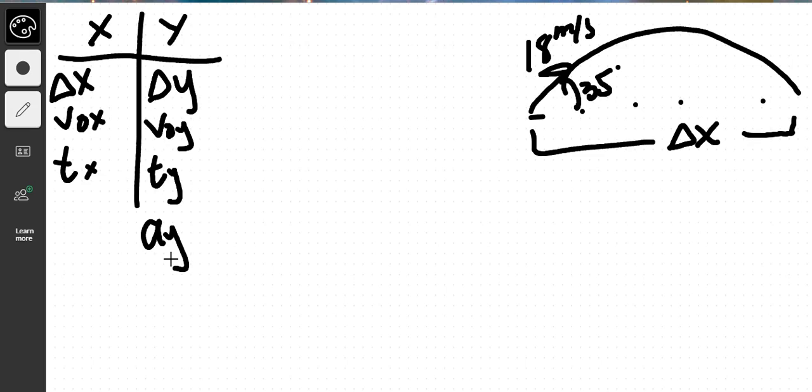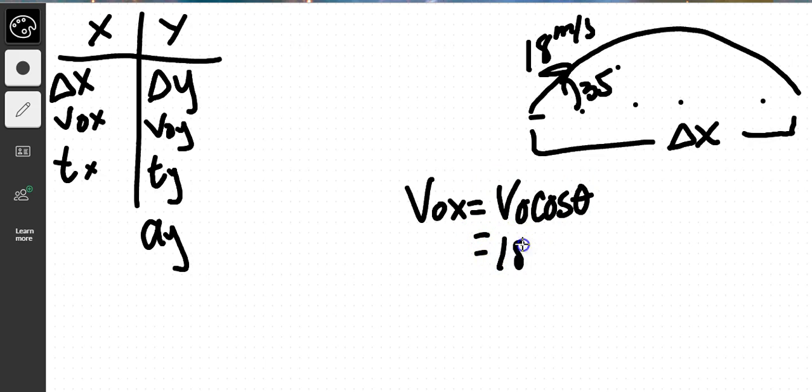So in our triangle, again, what we're given is our total, which is our hypotenuse of 18, and we're given our angle of 35. So we need to find the x component and the y component of these two situations. So to find VOX, it's the side that is touching the angle, so that's going to be cosine. So we have VOX is equal to total VO times the cosine of theta, which is going to be 18 times cosine of 35, which is going to end up being a value of 14.74.